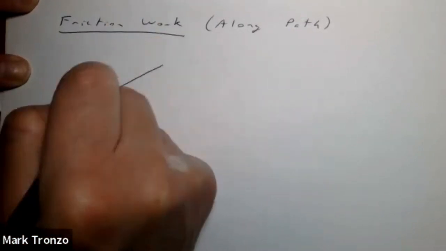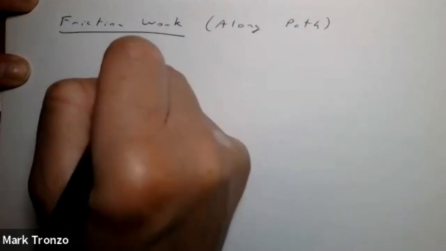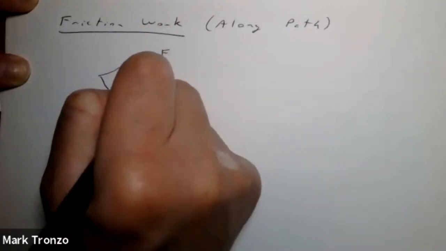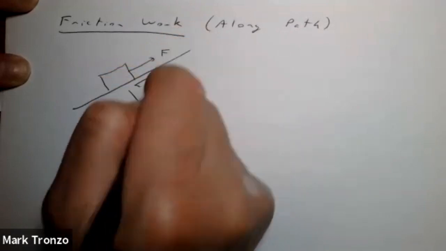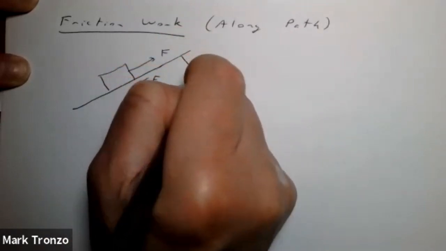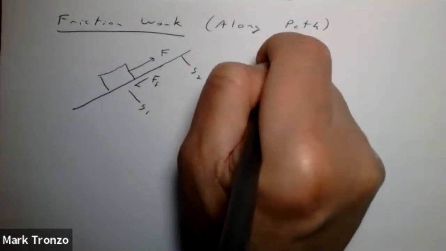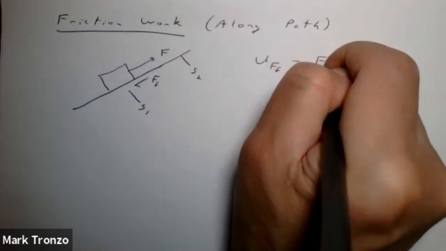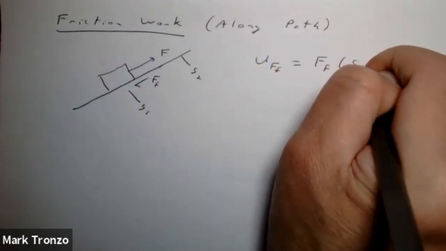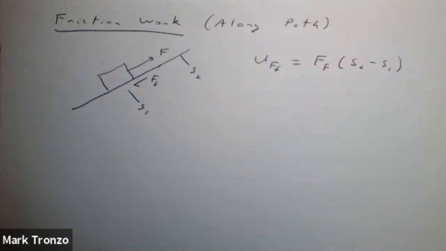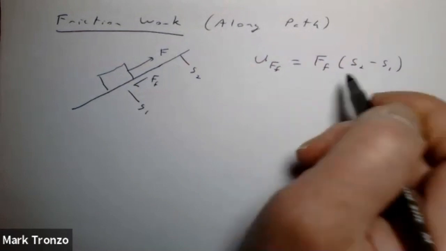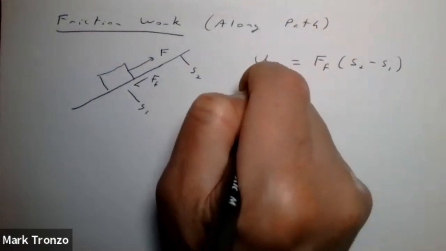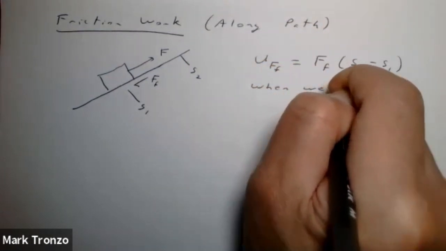Once again, let's say you have something here, some force pulling it, then you have your friction force. If you're going from S1 to S2, the friction work is going to be F times (S2 minus S1), because it's always along the path. When we put it into our equations, it's almost always going to be negative.